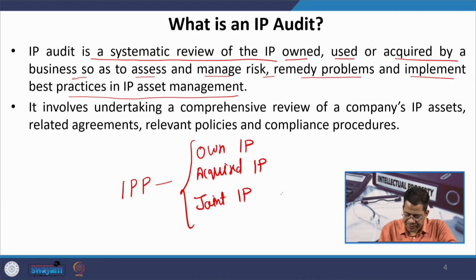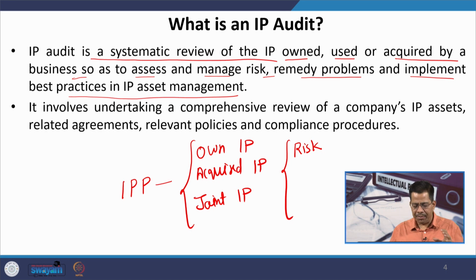The second type of information which you are able to create or collect is the different types of risks. You may remember that in one of the classes we discussed SWOT: strength, weakness, opportunity, threat. In fact, when we are doing an IP audit, that SWOT also becomes a part of it.